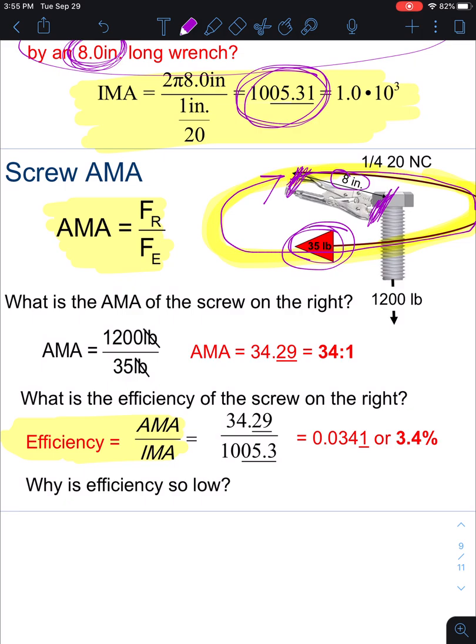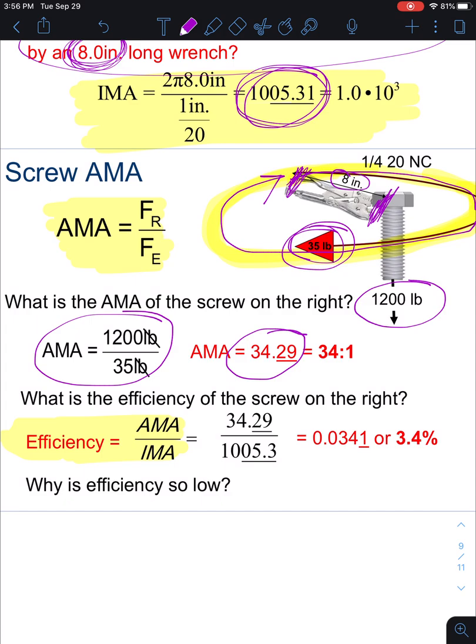Your force of resistance is the load that's put on the screw as you're turning it, 1,200 pounds. AMA is 1,200 pounds divided by 35 pounds, which gives you an answer of 34.29.